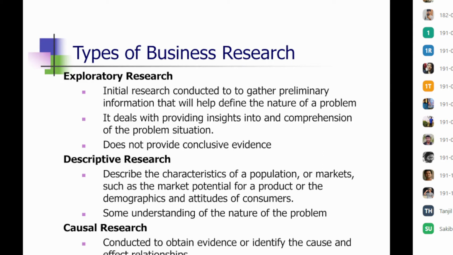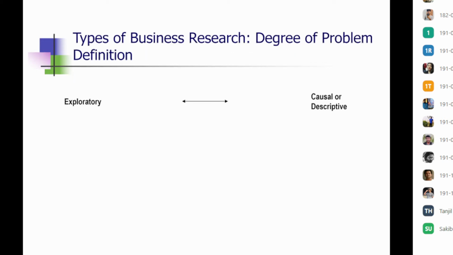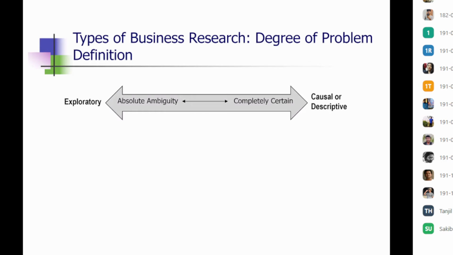So we are talking about different types of business research: exploratory research, descriptive research, and causal research. Sometimes it seems difficult to identify whether the research is exploratory, descriptive or causal.